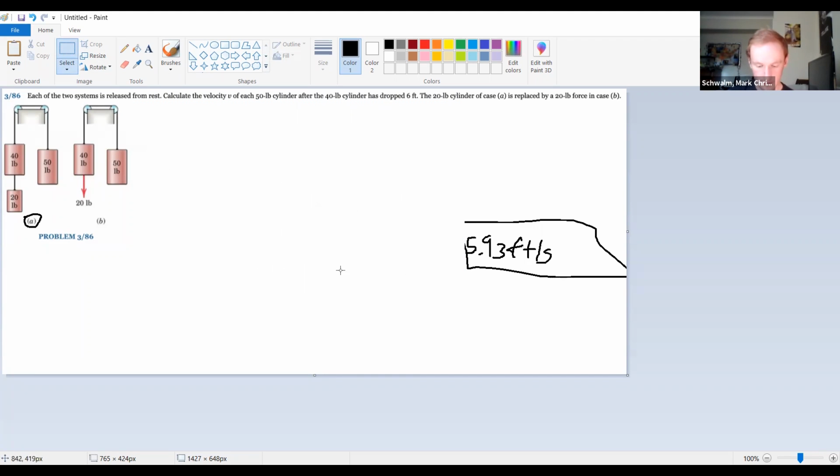All right, and then the next part, we are going to use U 1 minus 2 again equals delta T. This again is the sum of the forces times the change in the distance.